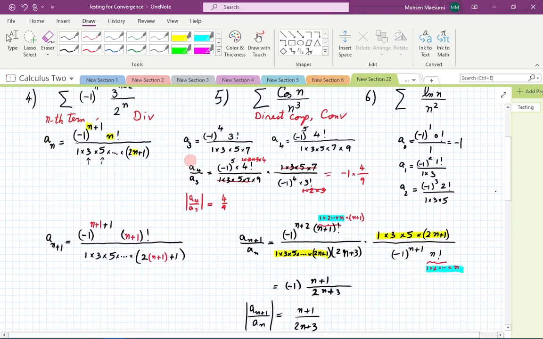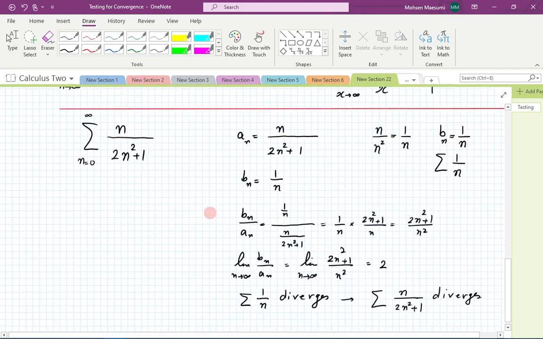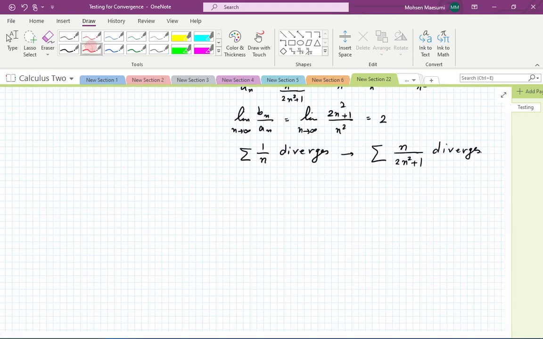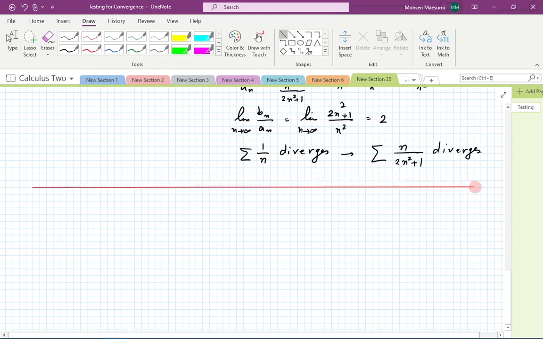Let's write a little bit more about this thing. Remember, one of the facts that we had was that if the sum of the absolute values converges, then the sum of the numbers themselves is going to converge.